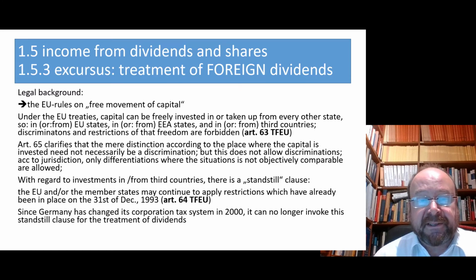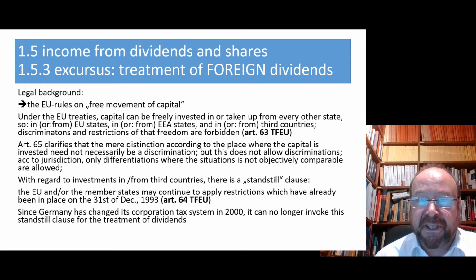Then Article 65 clarifies that some distinctions are possible. And an important restriction is mentioned in the treaty, namely that EU and member states can continue to apply restrictions for the free movement of capital with regard to third states or third territories.